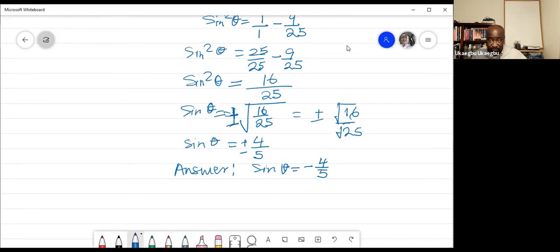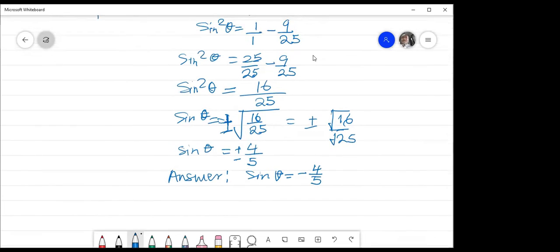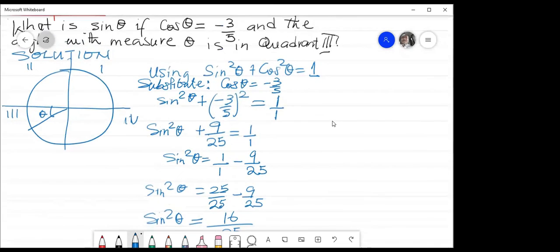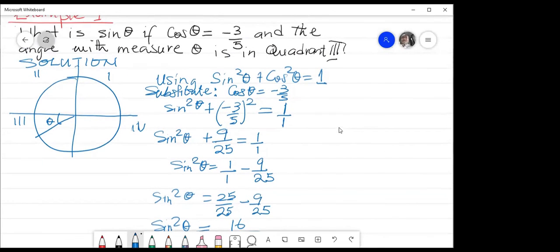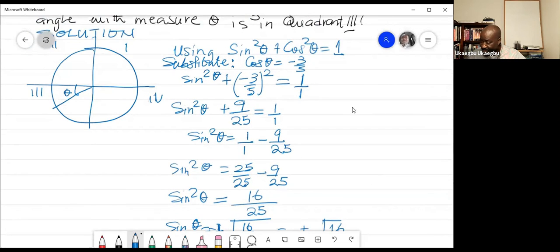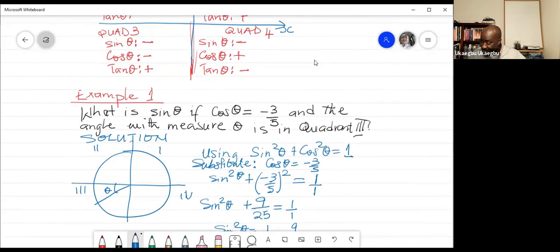Any question now? I got a question. Yes, go ahead, please. The chart you gave us is just to determine whether the final answer is going to be a negative or a positive, depending on the type of SOHCAHTOA we use. Yes, that's what the chart is. But I don't really have to give you the chart. You can also determine that by yourself from what we just did initially.